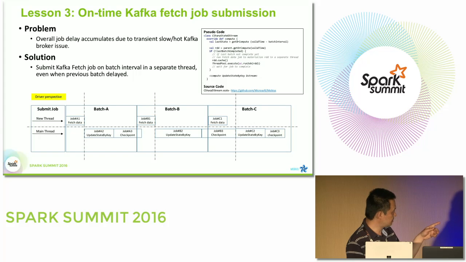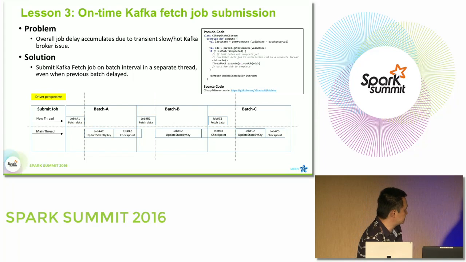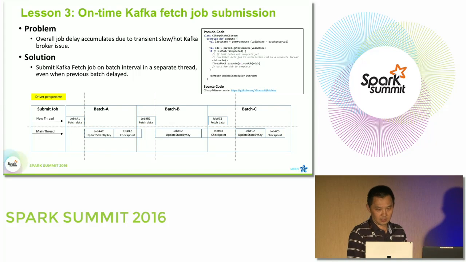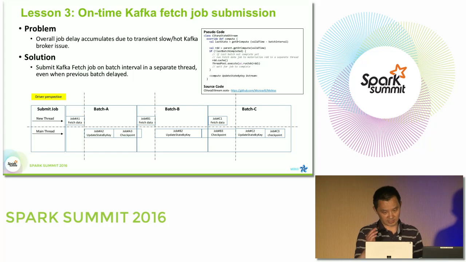Batch C as well starts its Kafka fetch job on time, but after it completes, its updateStateByKey stage won't start until the previous batch B completes its work. That means the batch ordering guarantee is still observed here. That's exactly what we want. The approach successfully stops the job delay from accumulating, while still observing the batch ordering requirement.